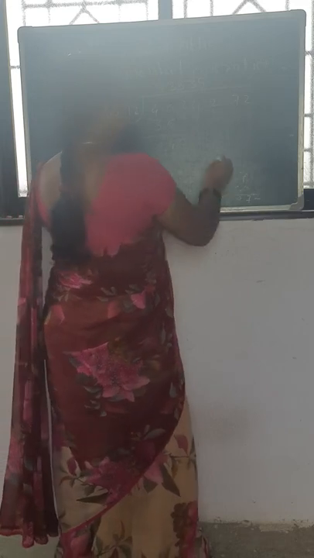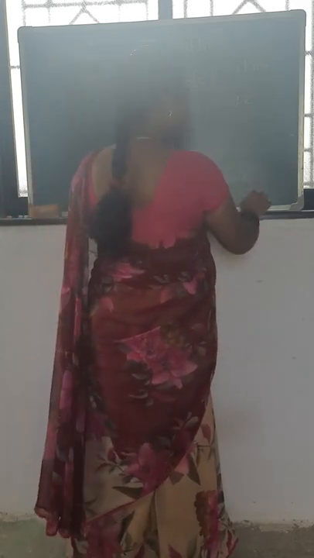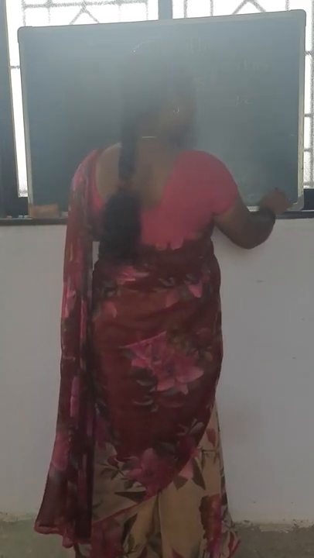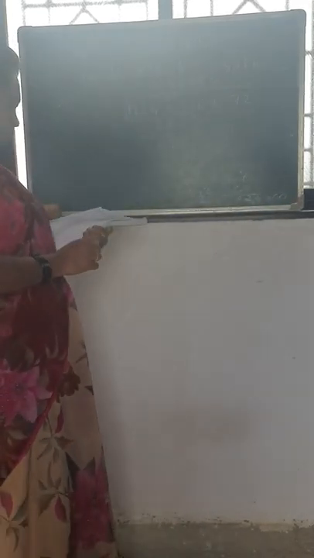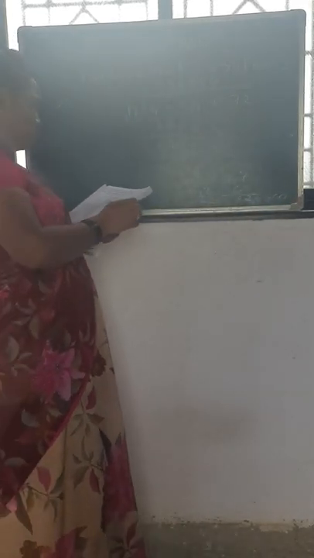Then 12 6s are 72. Then 72 minus 72 is 0. The remainder is 0.